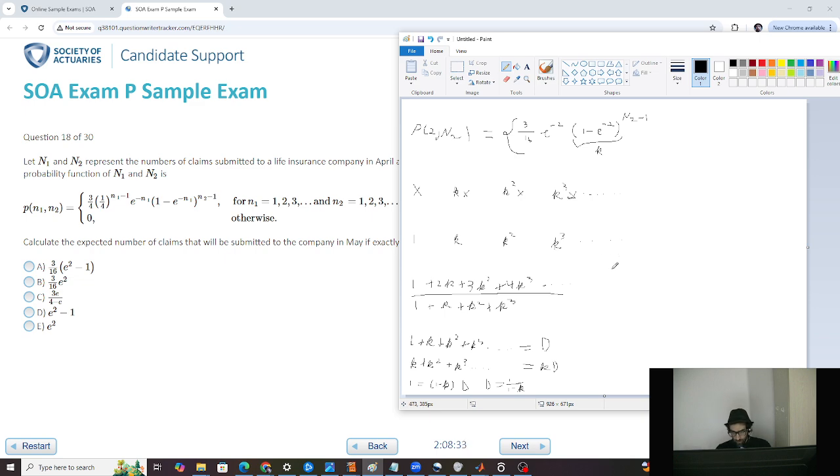Numerator, you have to do the trick twice. 1 plus 2k plus 3k squared, etc., equals numerator. Multiply by k. Actually, let's do one more: 4k cubed, 5k to the 4th, just to really make sure the pattern shows up, because we're doing this twice.